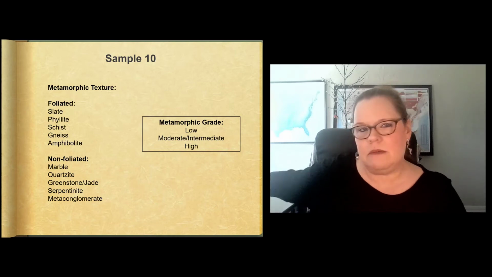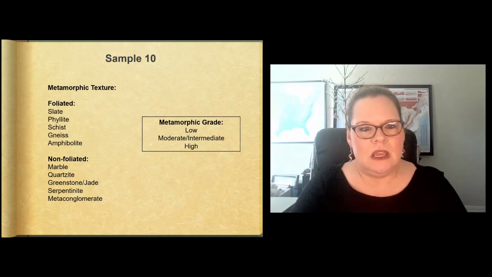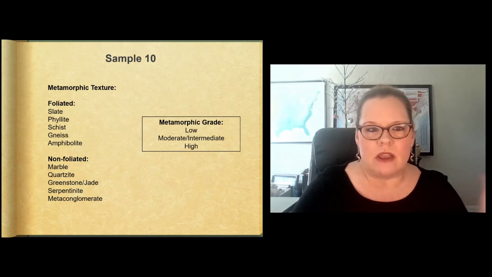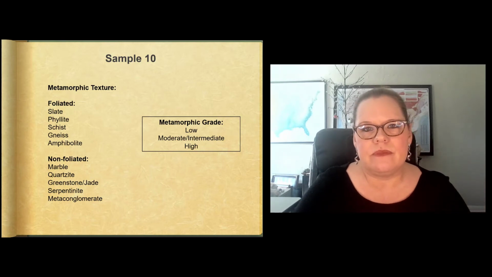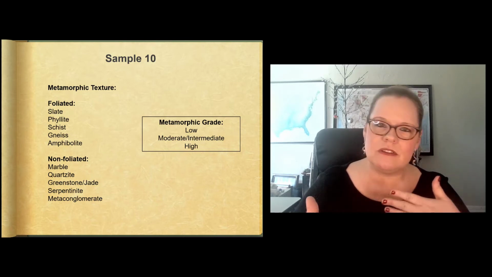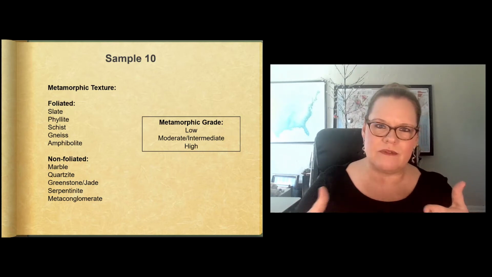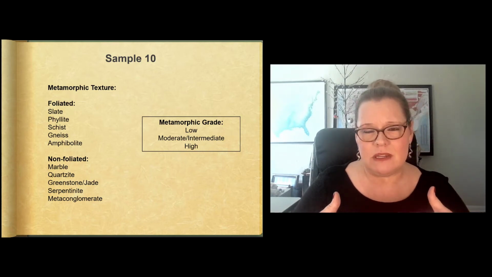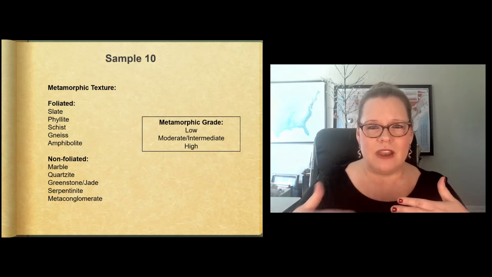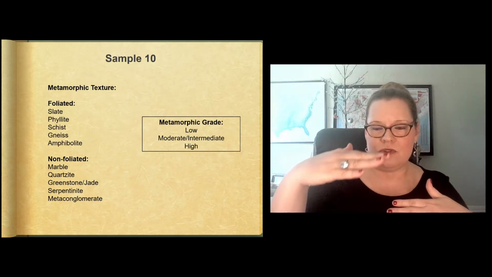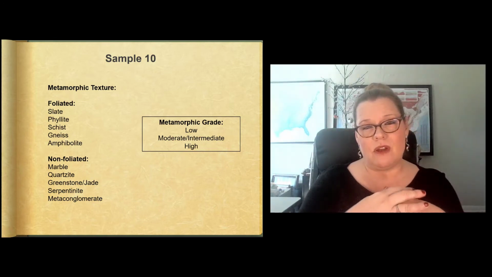So if it has any metallic sheen to it in the foliated category, okay, that's going to knock out slate. So if it's phyllite or schist, which one could it be? So schist has a special property in the fact that it's very metallic and has lots of flaky crystals, because the crystals have been flattened from heat and pressure.